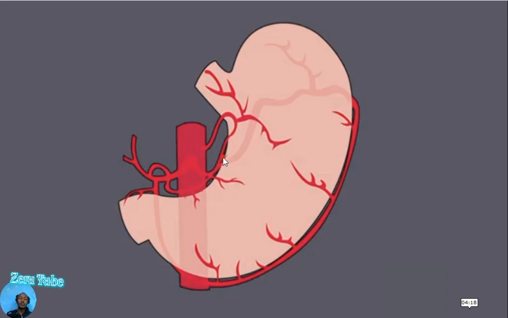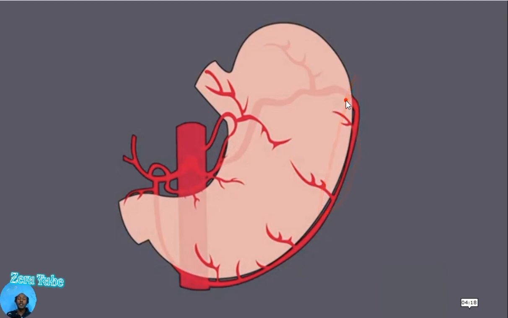And there is also another branch of the celiac trunk which is called the splenic artery. This artery gives blood to the fundus of the stomach, and it gives another branch which is called the left gastroepiploic artery.